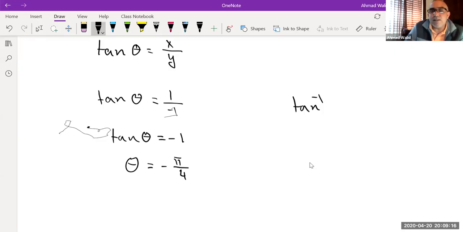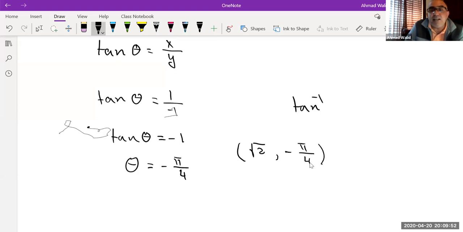Now, what are the possible coordinates? Your possible coordinate is your r, which was radical 2, comma theta, negative pi over 4. Do I have only one solution, or can I have many solutions here, many points with the same coordinates? You see, because you are dealing with angle, there are many other angles that have the same tangent.